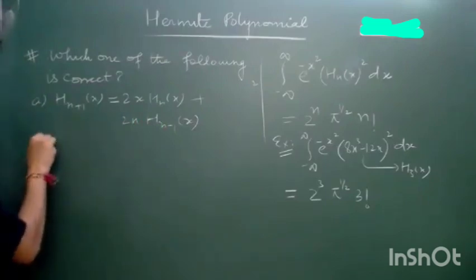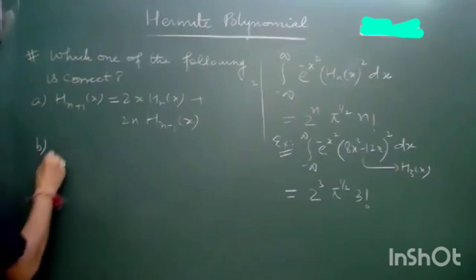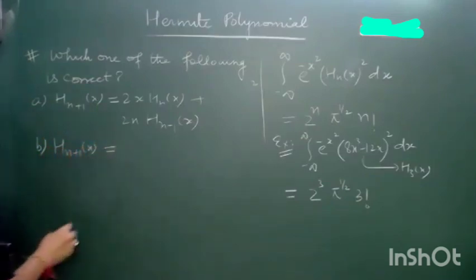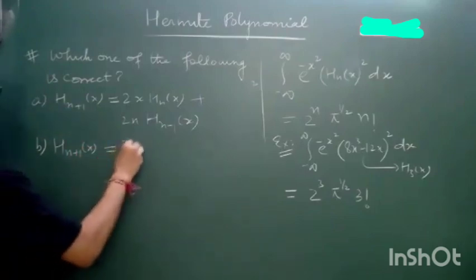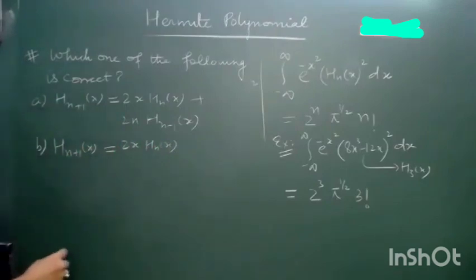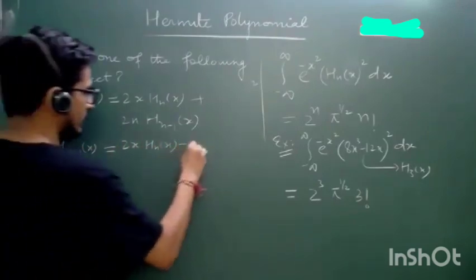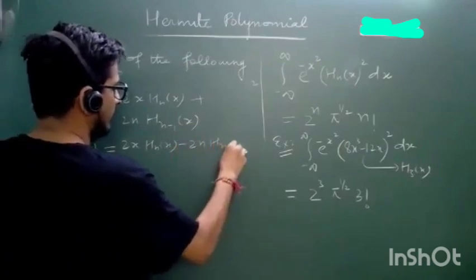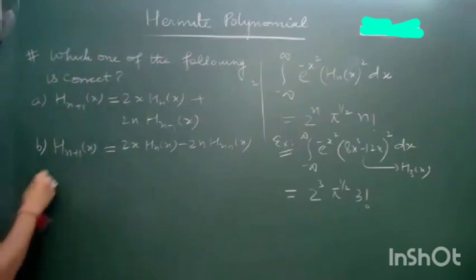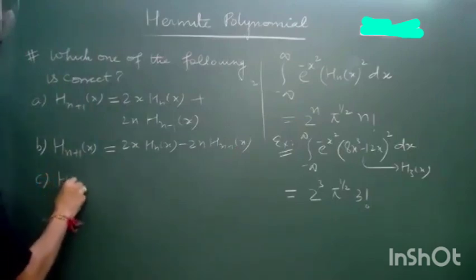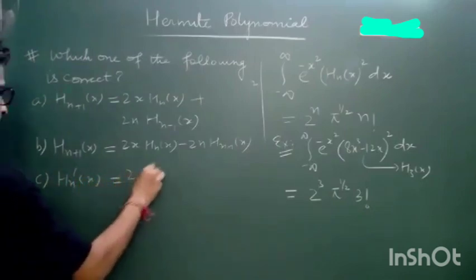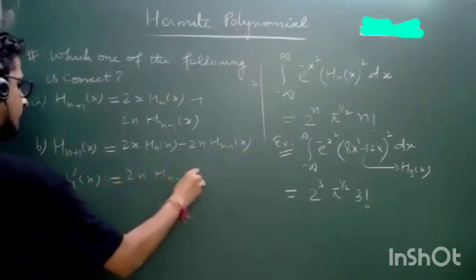B is H_(n+1)(x) is equal to 2x H_n(x) minus 2n H_(n-1)(x), and C is H_n'(x) is equal to 2n H_(n-1)(x).